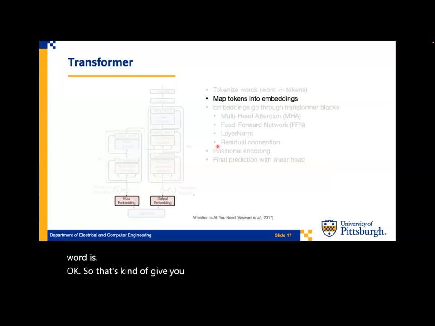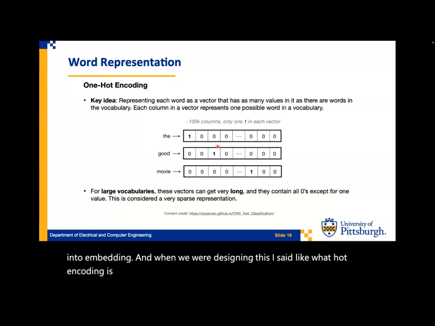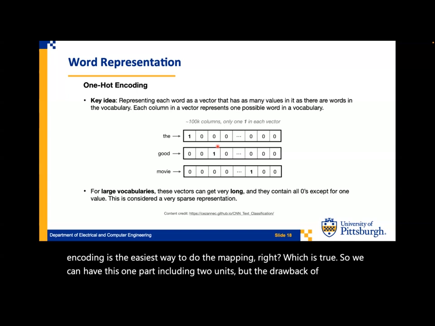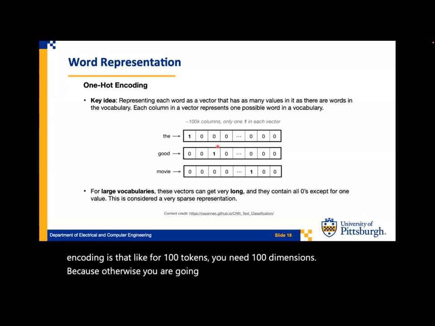And then we need to map the token into an embedding. When we were designing this, I said one-hot encoding is the easiest way to do the mapping, right? Which is true. So we can use one-hot encoding. But the drawback is that for 100 tokens, you need 100 dimensions, because otherwise you're going to be repeating the vector.